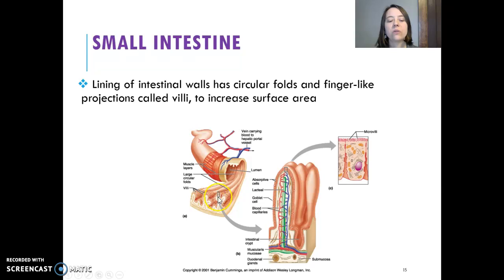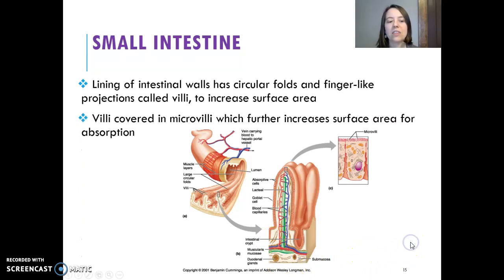And then those circular folds have villi, and here's a picture of our villi, which really increase the surface area to absorb nutrients. And then the villi have villi. So if we look at the villi, they have microvilli, which further increases the surface area for absorption. If you remember, Hank Green said that your small intestine would have the texture of velvet.